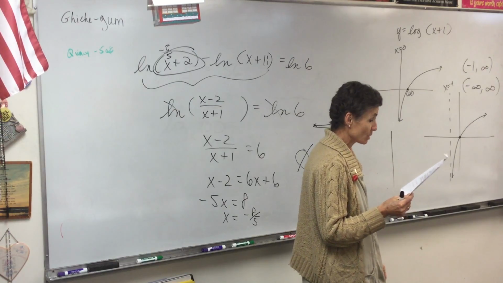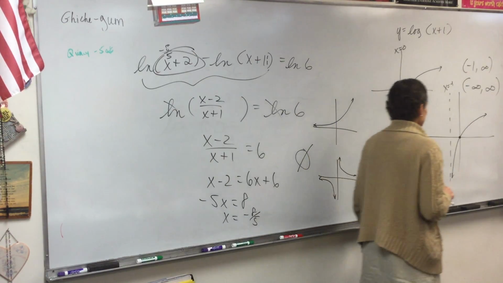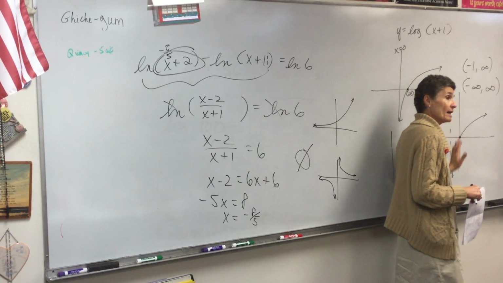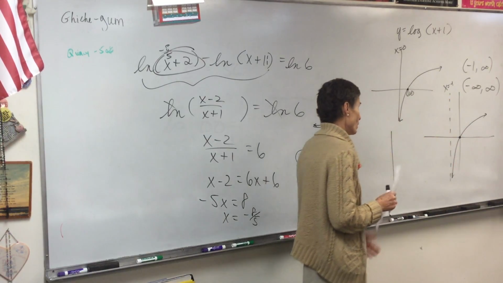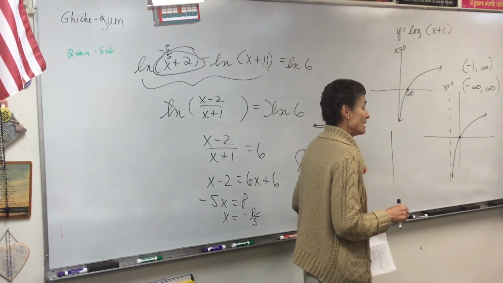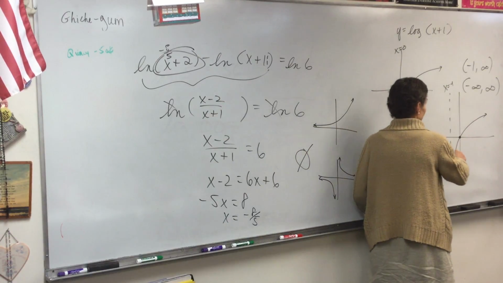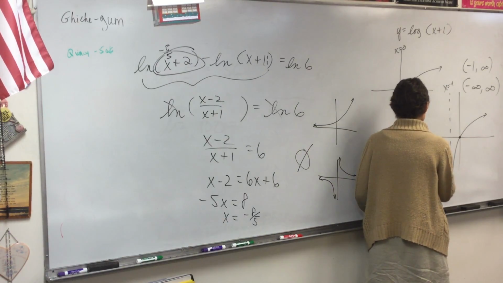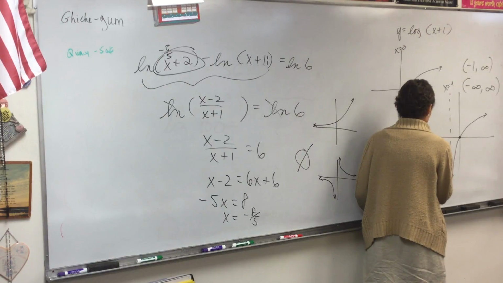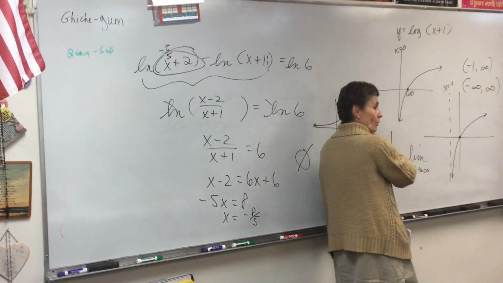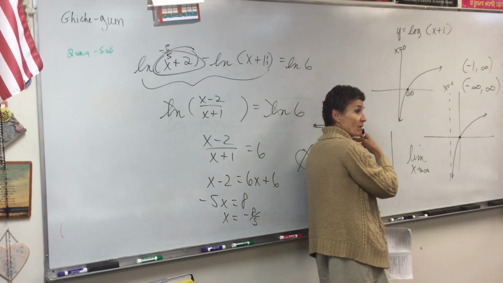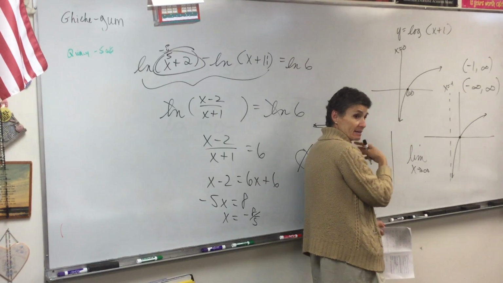Does it have any asymptotes? Yes, it has a vertical asymptote at x equals -1. End behavior. Now for this curve, end behavior can only be to positive infinity. There is no end behavior on this side because there's nothing on this side, right?